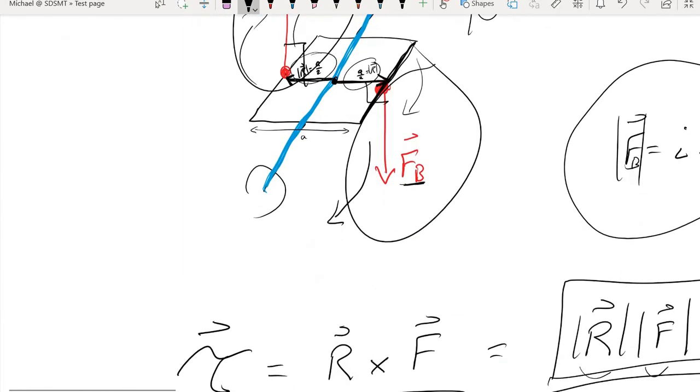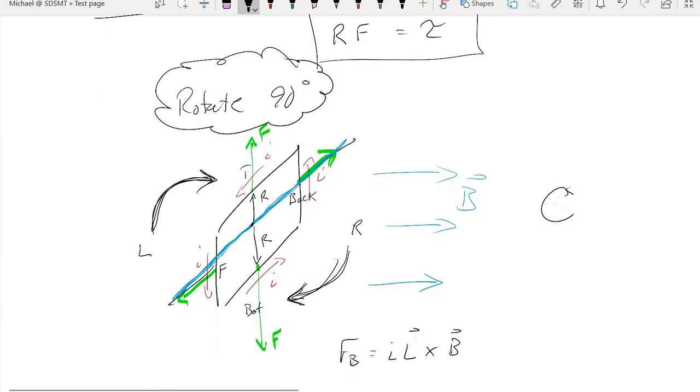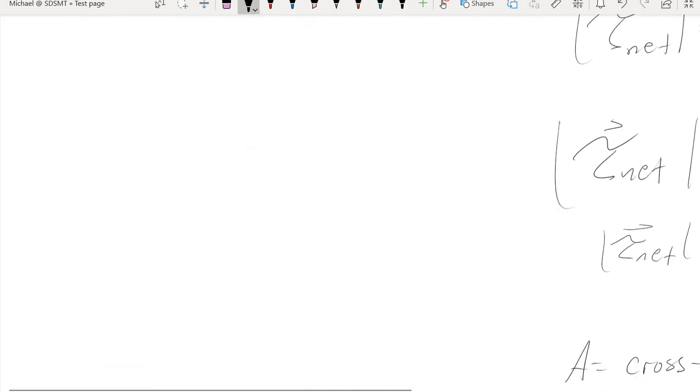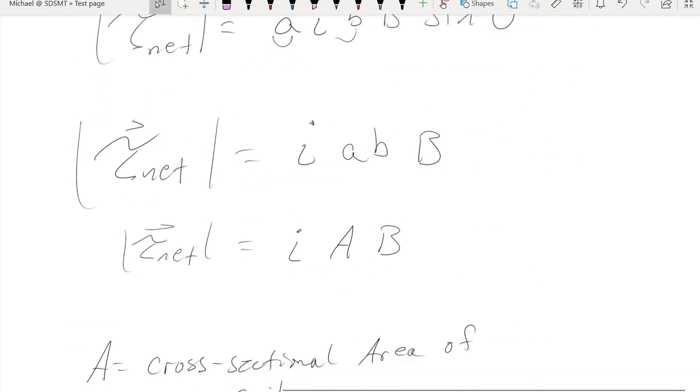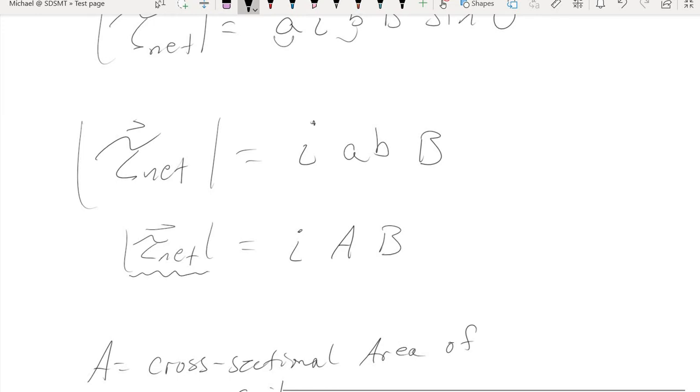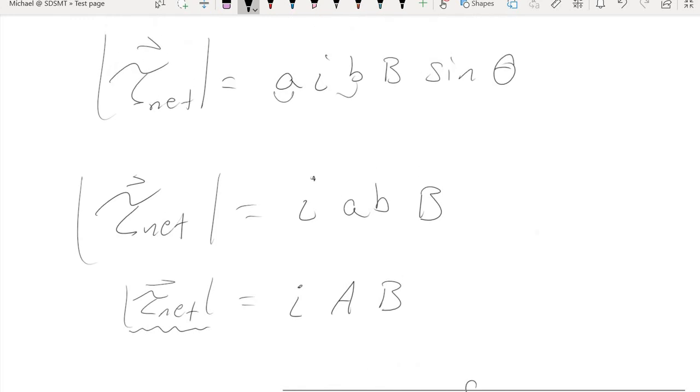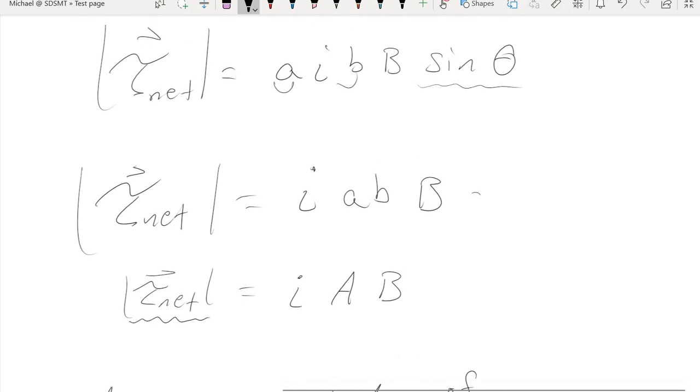This is to our advantage because we can now take everything that we've put together in our equation and we can say, well, we're trying to produce a vector called torque by combining the current in the wire with one vector called the cross-sectional area vector and another vector called the magnetic field vector. And I did forget to bring the sine theta down with this.